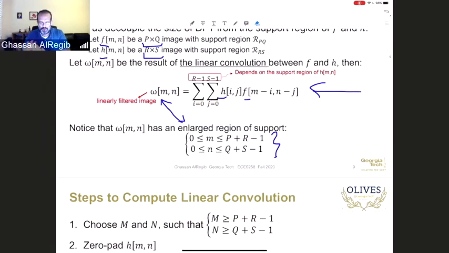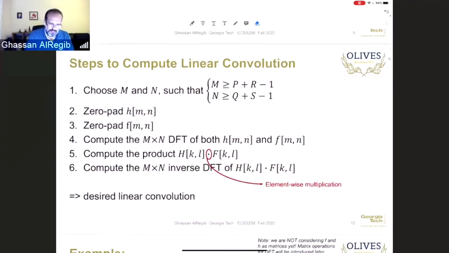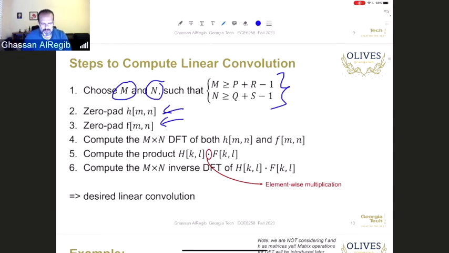If you don't want that overlap, then we need to choose the size of our DFT, M and N, to satisfy this condition. And remember, P times Q is the dimension of F, R times S the dimension of H. After you choose the size of the DFT, you pad both of them with zeros. You have that M by N dimension for both of them.